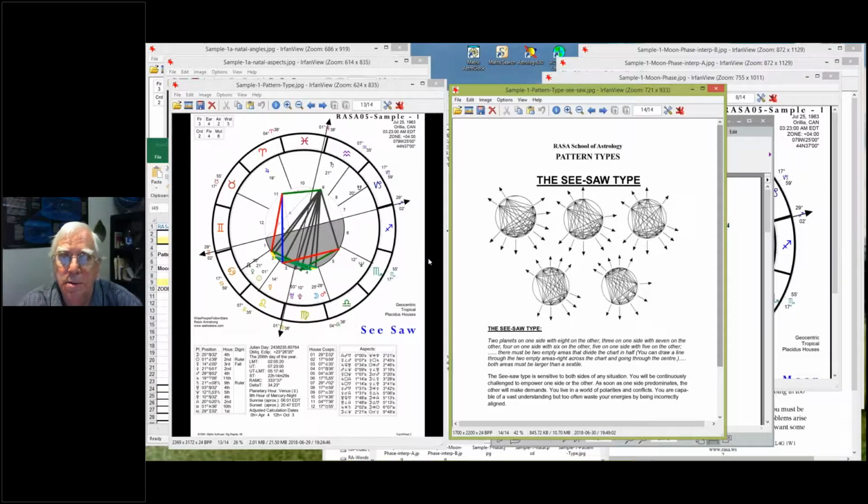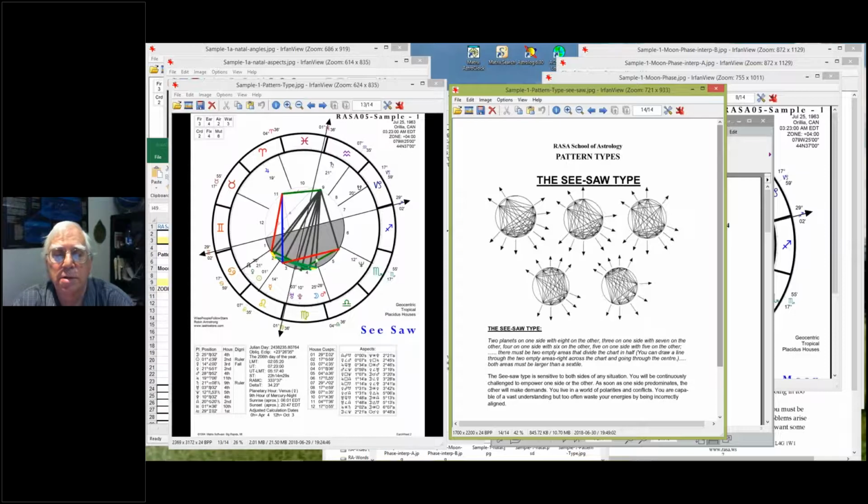Okay, so this pattern type is a seesaw pattern type because it's got two fairly empty areas that divide the chart in half. There's two planets on one side, and the 8 on the other, 2 and 8 on each side.